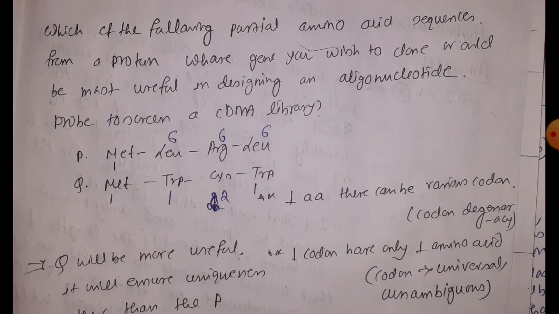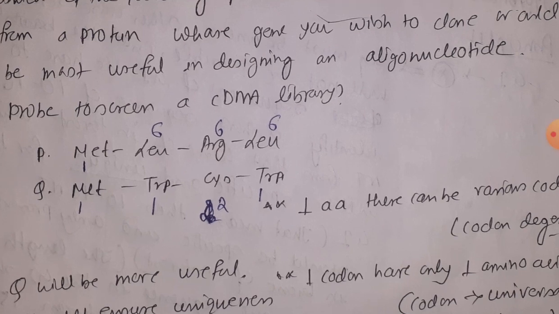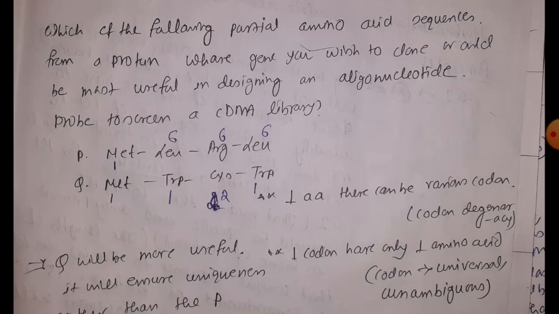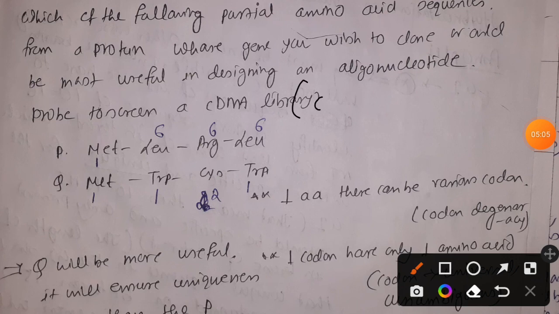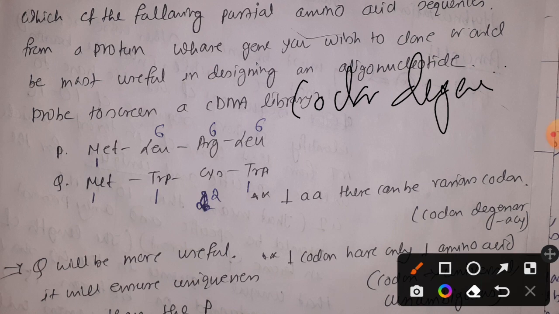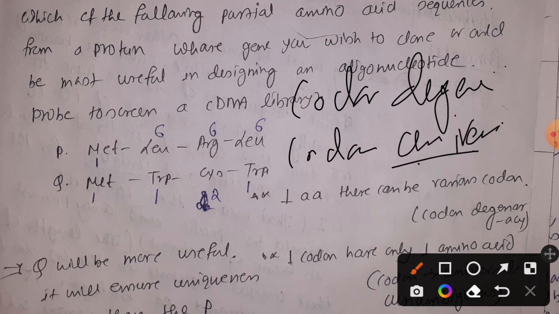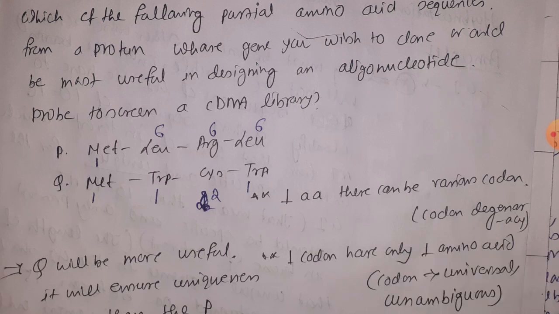Here I want to discuss two important properties of the codon, and I will also give you a mnemonic. It is quite funny, but don't take it seriously. This is just to remember it. I want to tell you about codon degeneracy and codon universality, or universal codon, and unambiguousness.